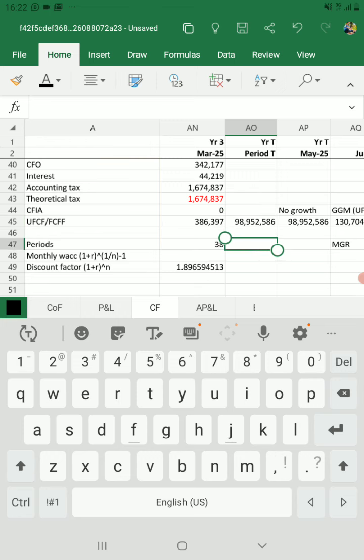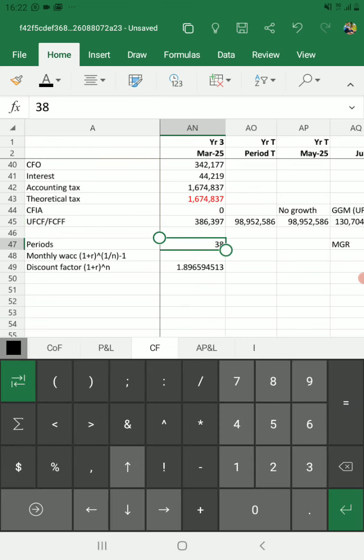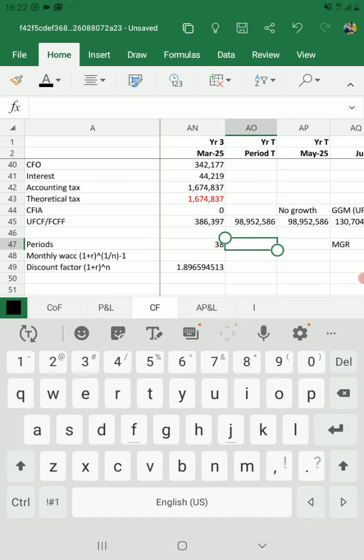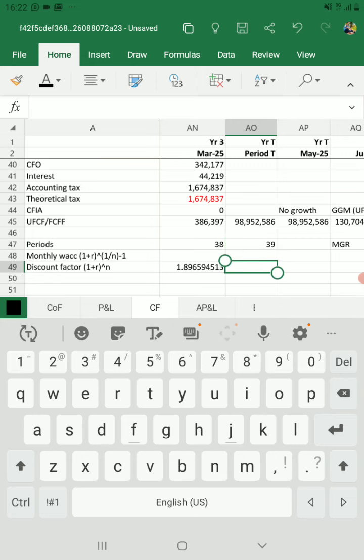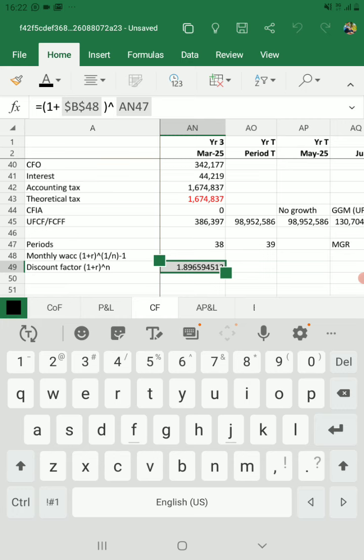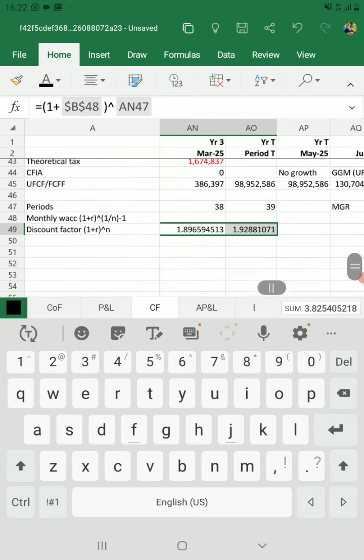So this one should appear on the last period was 38, so this one is going to be 39 for terminal value. And for discount factor, I can just drag this, so tap to fill this to establish the rate for terminal value, discount factor.